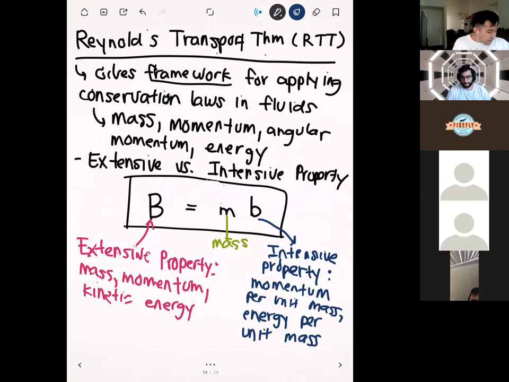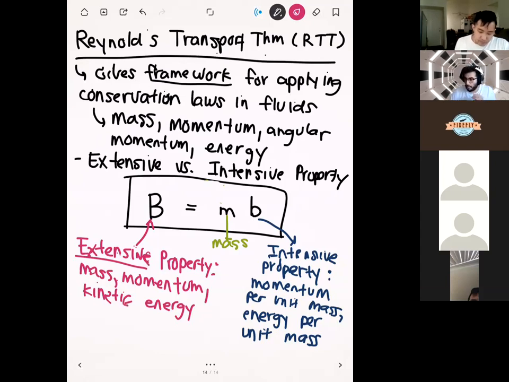Remember the definition between these two. An extensive property depends on how much of the substance that you have, right? The more stuff that you have, the extensive property will grow. If you think of tissue paper, the more tissues that you have, the more mass they're going to have. The more tissue paper that you chuck across the room, the more momentum it's going to have.